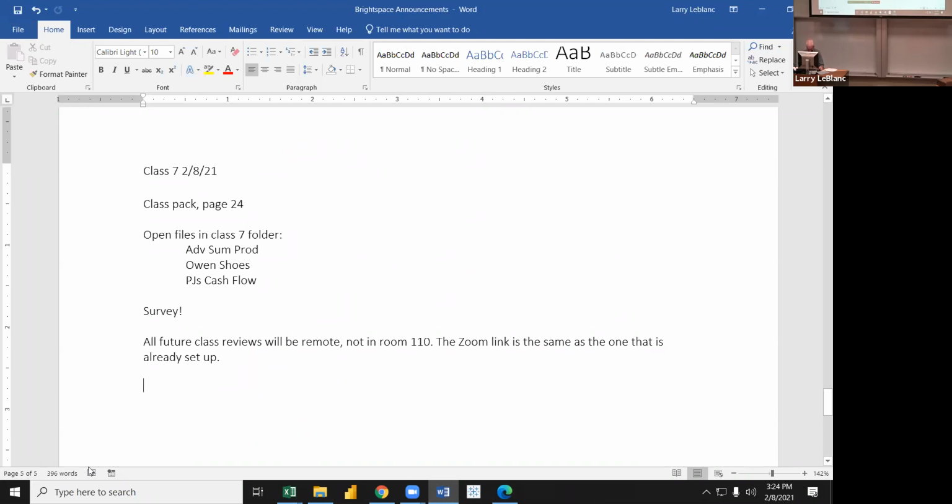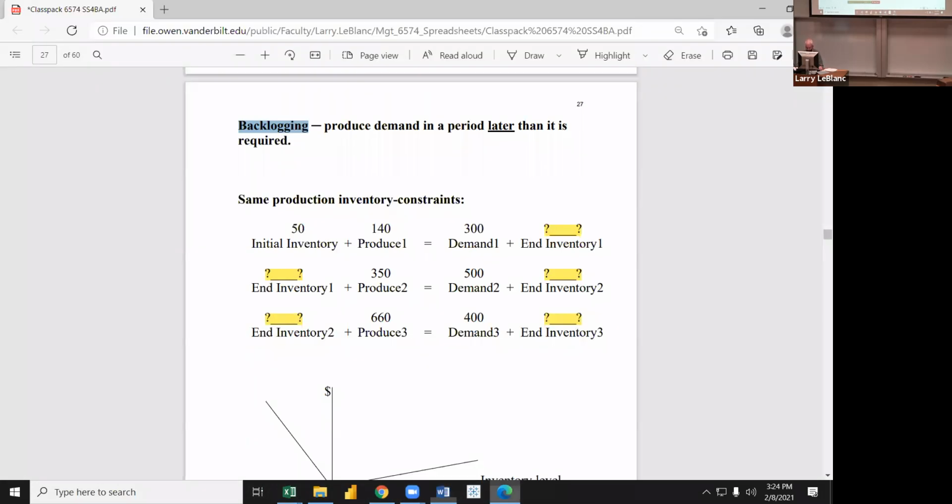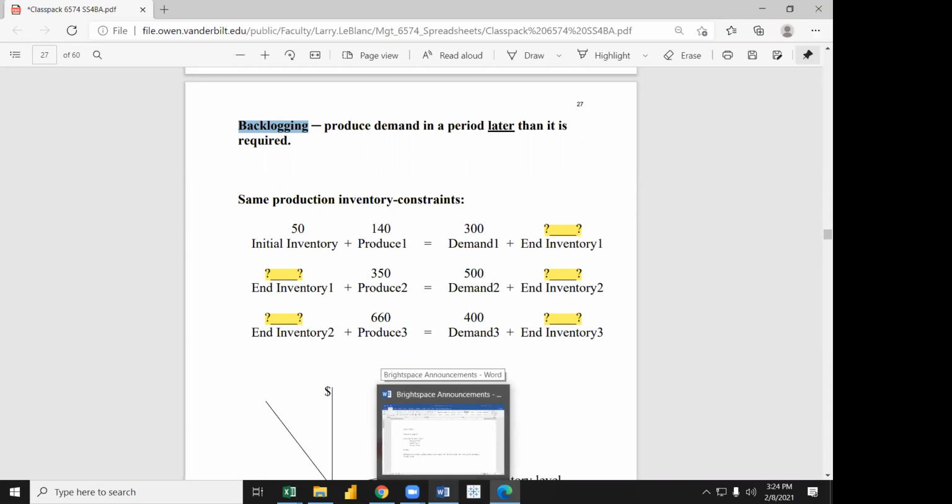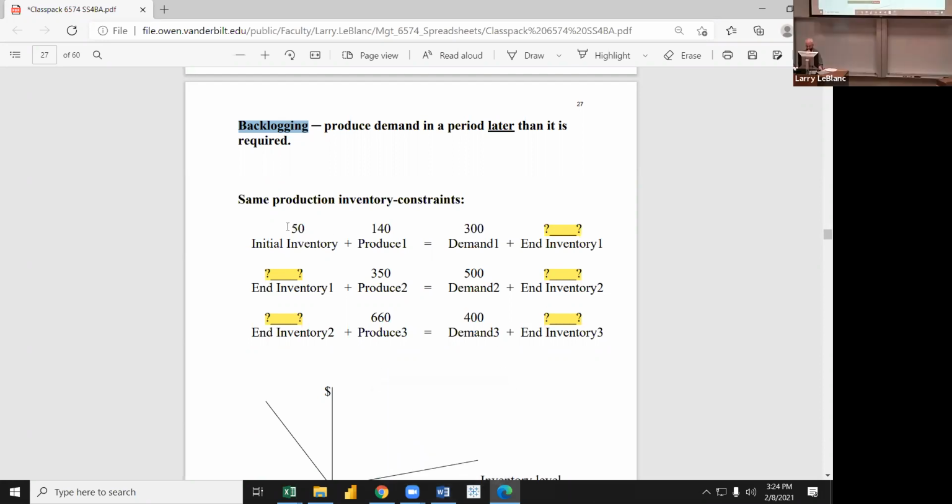50 plus 140 equals 300 plus what? Somebody give me a numerical value for that first yellow underscore. 50 plus 140 equals 190.